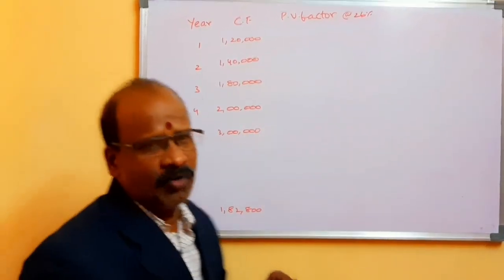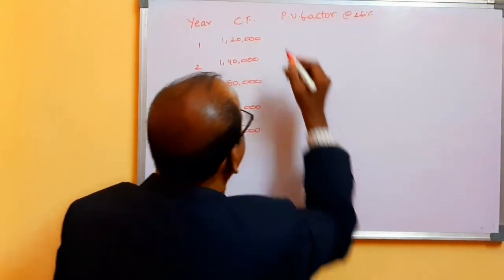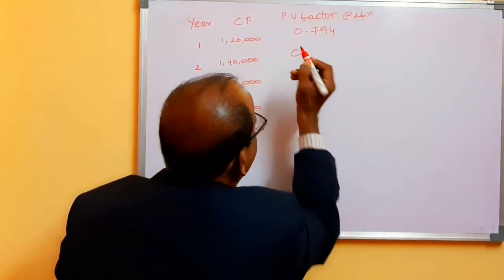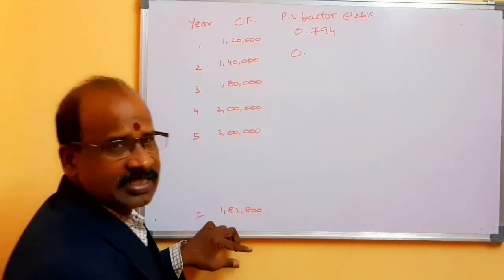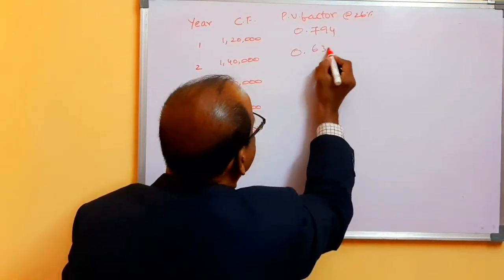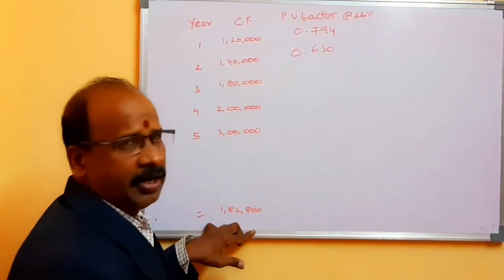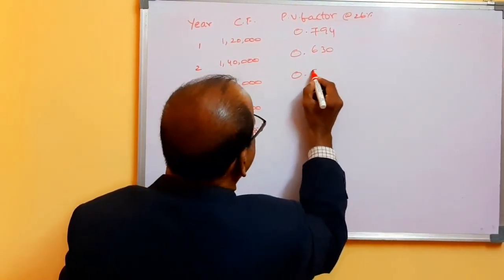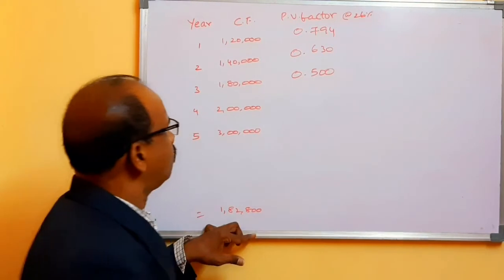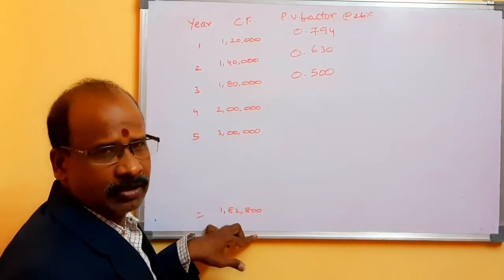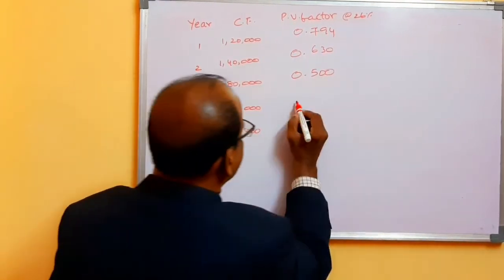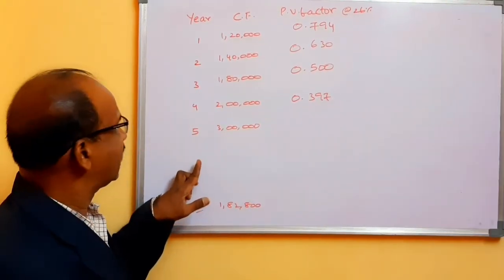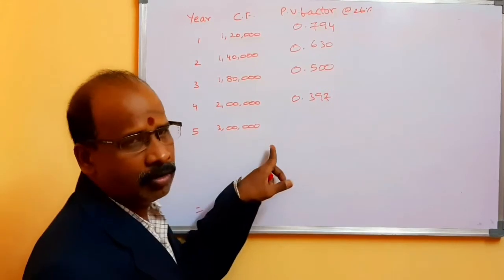The first year 26% PV factor 0.794. Second year 0.630. Third year 0.500. Fourth year PV factor 0.397. Fifth year cash flow 3 lakhs and PV factor 0.315.